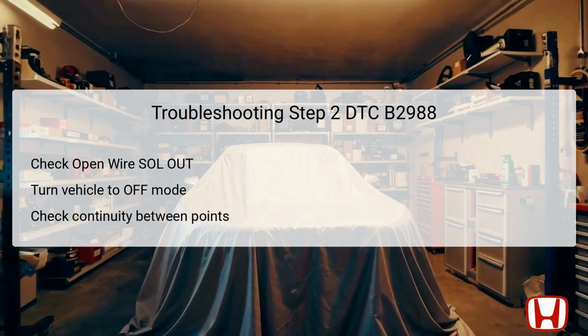In this step, the technician must verify the integrity of the SOL OUT line. To begin, the vehicle should be turned to the off-lock mode. Once in this mode, disconnect the climate control unit connector A (32P) and the AC compressor clutch 3P connector to eliminate any interference during testing.